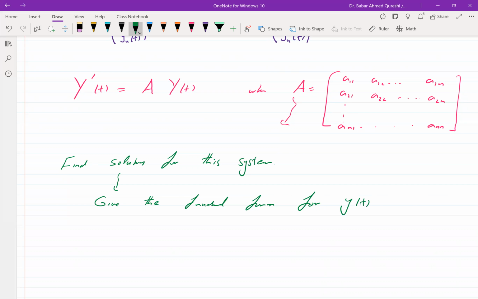What is that function of t, or not one function? What are all these functions? y1, y2, y3 up to yn of t, which satisfy those equations. What would be those functions? That's the general problem. Find all those functions which satisfy this equation.